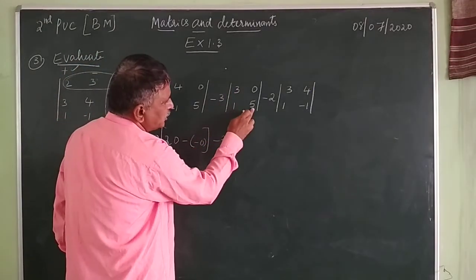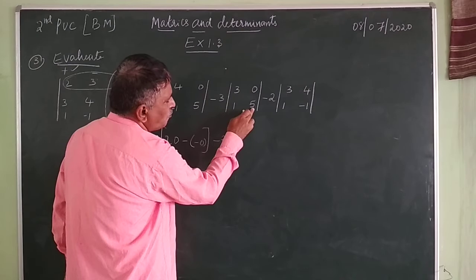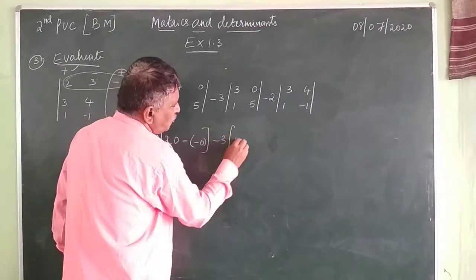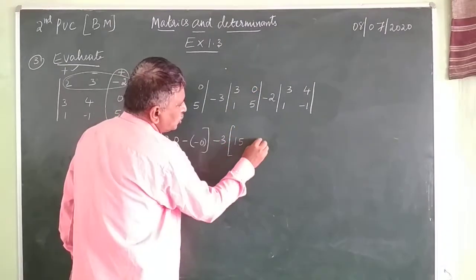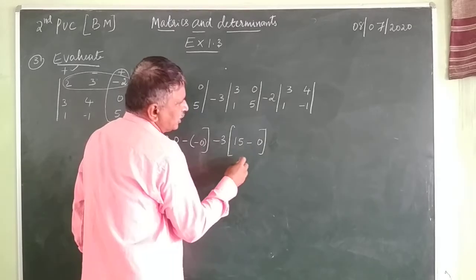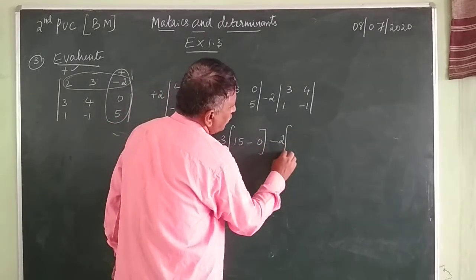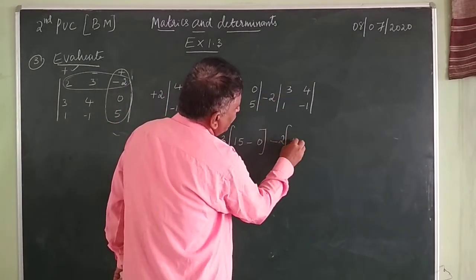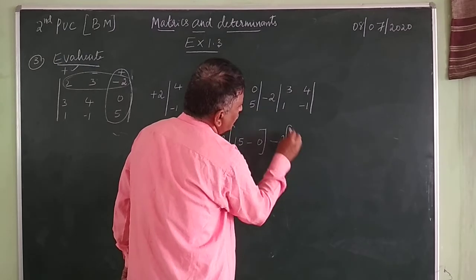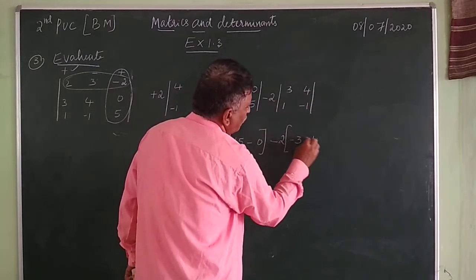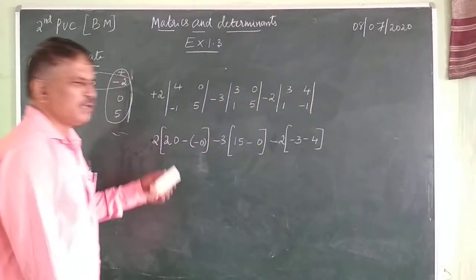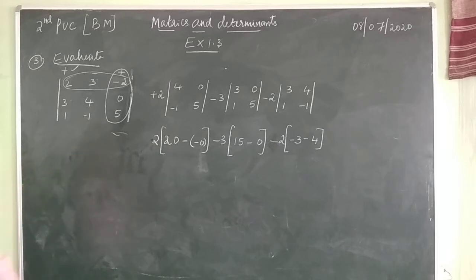Now the product of the principal diagonal, 3 into 5, 15. 1 into 0, 0. In between, minus sign. Minus 2. Plus into minus, minus. 1 into 3, 3. 1 into 4, 4. In between, negative sign. We have done many problems based on second order determinant also.